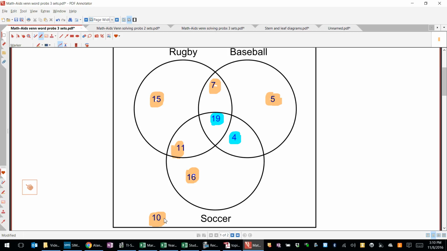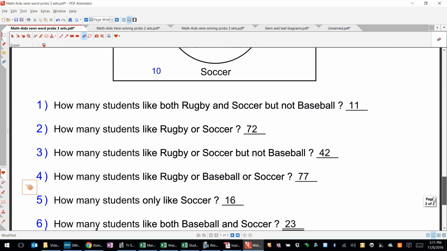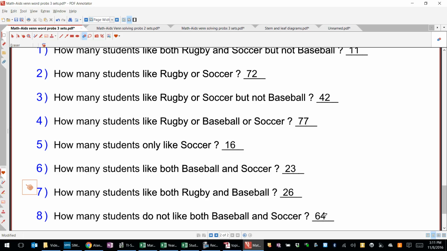So that's number 8. 64. I got 64 for 8. 26. 8 and 64.